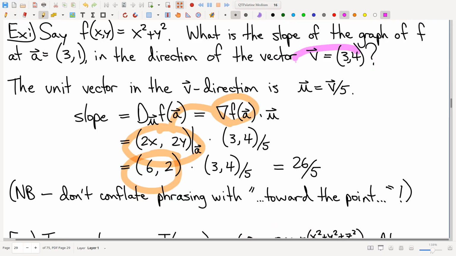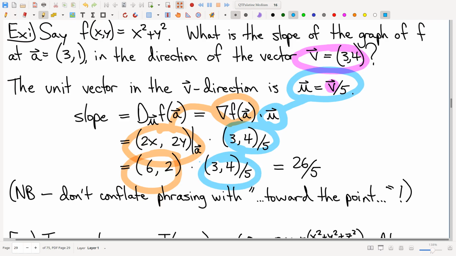If you're not given a unit vector, just make it a unit vector by dividing by its own magnitude, like so. What do you think? Everybody following? So, the question says, what's the slope? The previous page tells us slopes of graphs are directional derivatives. It also tells us we can compute directional derivatives with a plug and chug formula, and the rest is literally just chugging.